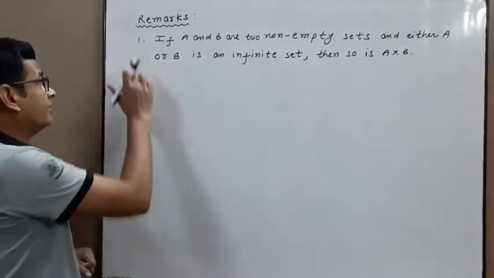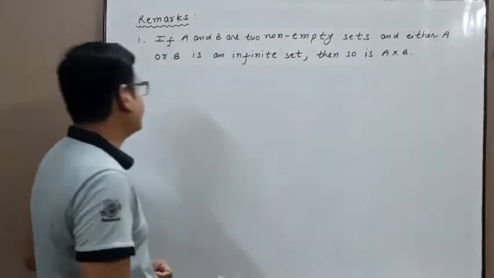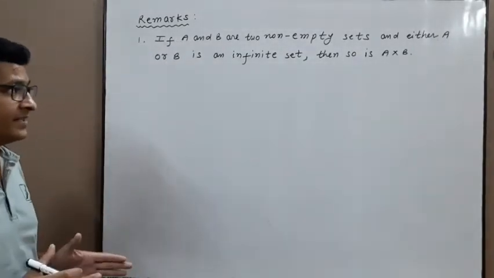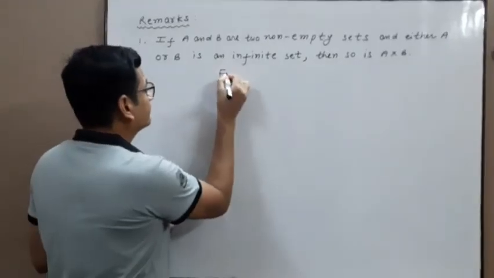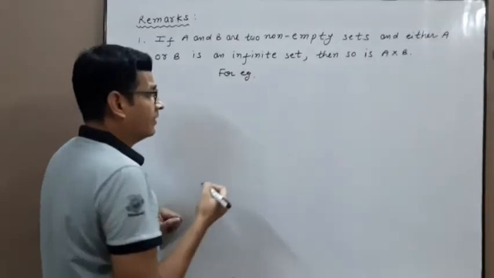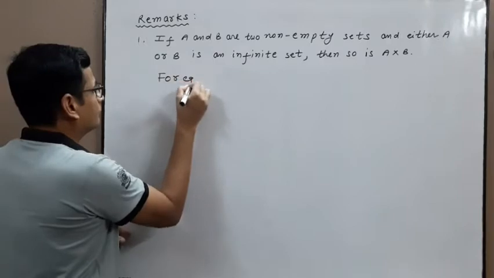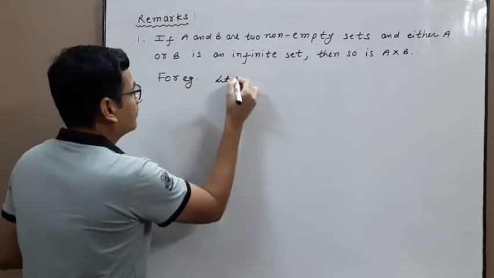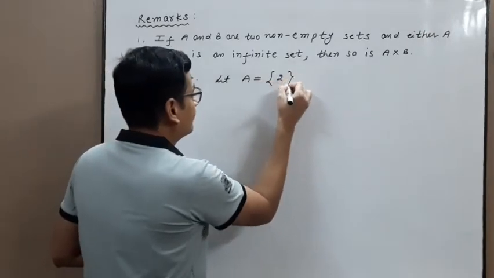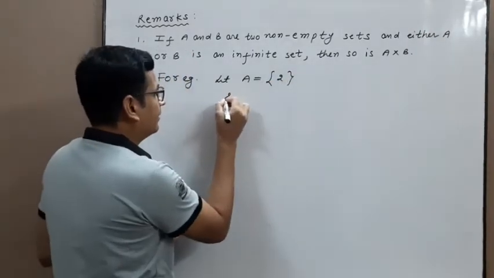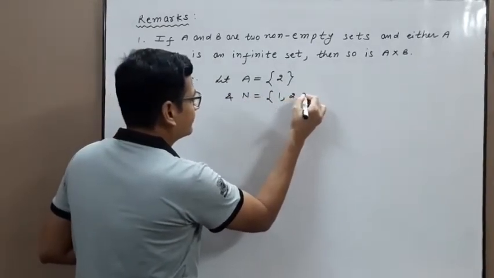Remarks. Number 1. If A and B are two non-empty sets and either A or B is an infinite set, then so is A cross B. For example, let A equal {2}, the set of even prime numbers, and N equal the set of natural numbers.